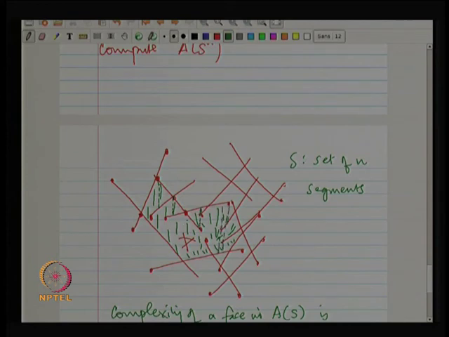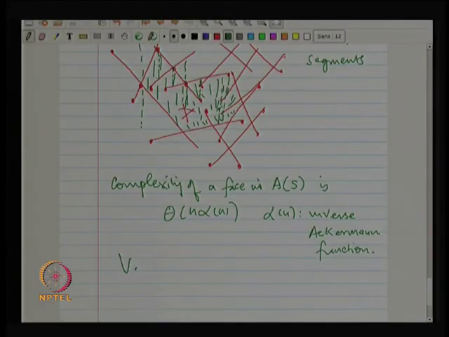I have drawn it way too complicated, so it is hard for me to finish, but for every endpoint and every vertex you draw a vertical line segment up and down until it hits something. Now each face becomes a trapezoid or a triangle, so it is much nicer, and then you work with this. This is called vertical decomposition or trapezoidal decomposition.